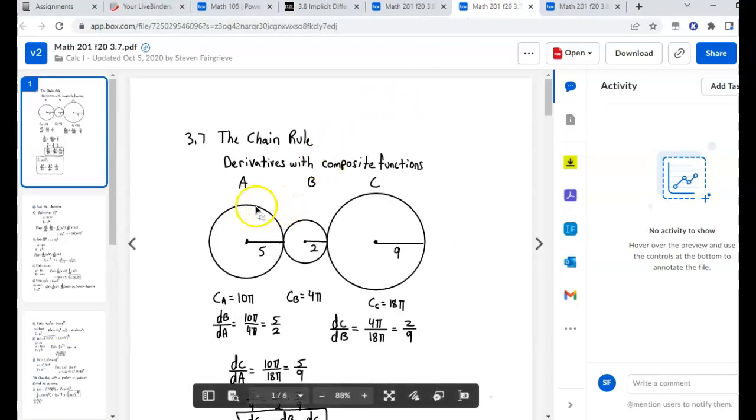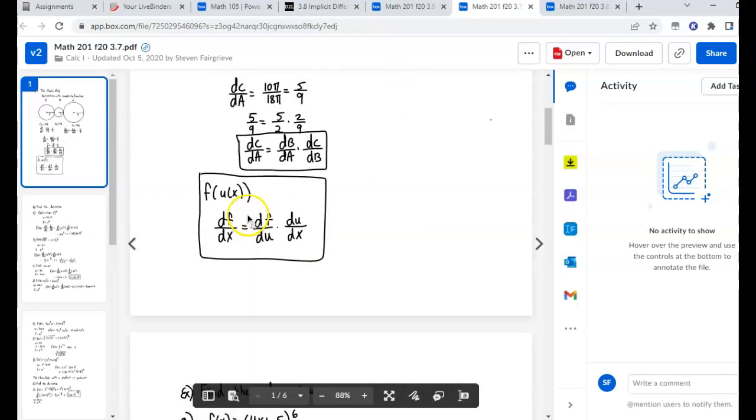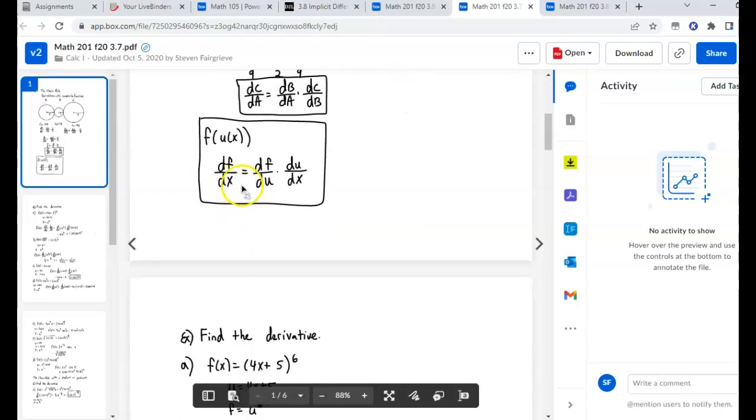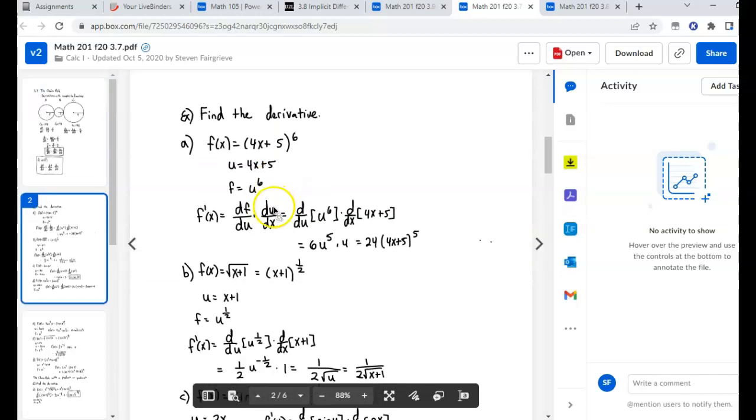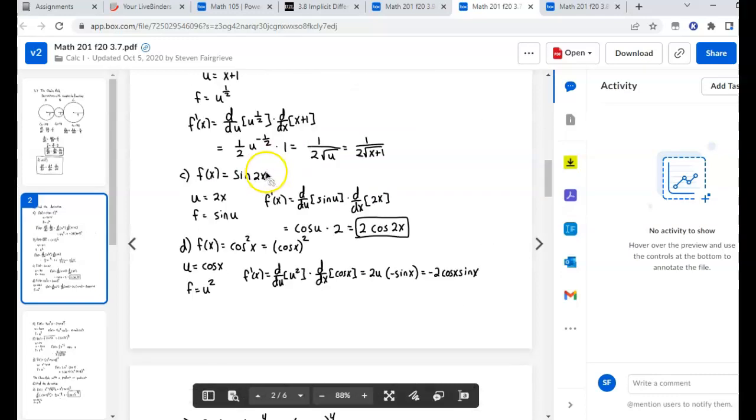And then 3.7 is when we get into the chain rule. Remember the process of the chain rule: it's the derivative of the outer function times the derivative of the inner function. And so you'll have some chain rule questions where you're just doing the derivative with the chain rule.